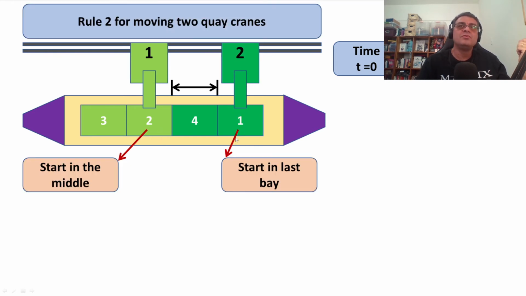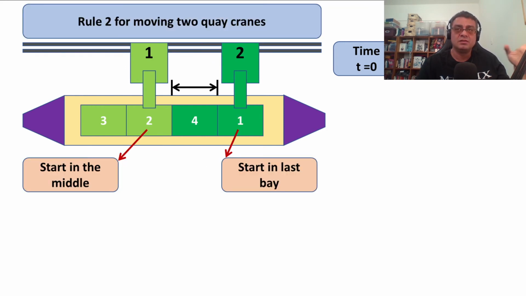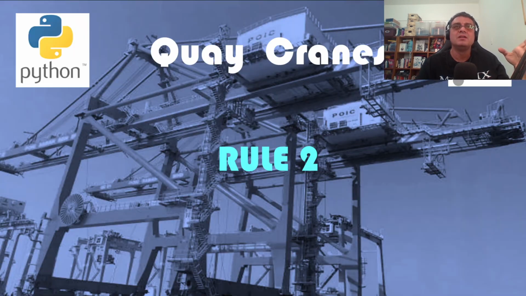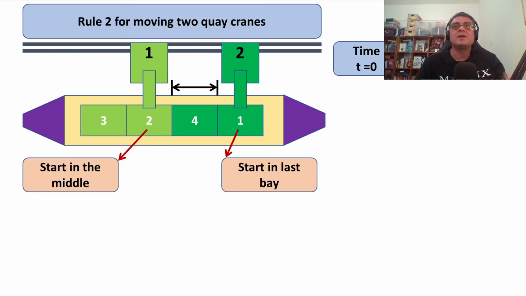We always move the quay cranes in the same direction. That's the most important thing. The quay cranes cannot move in different directions because this is not a good idea. So they both move to the left, or both to the right.